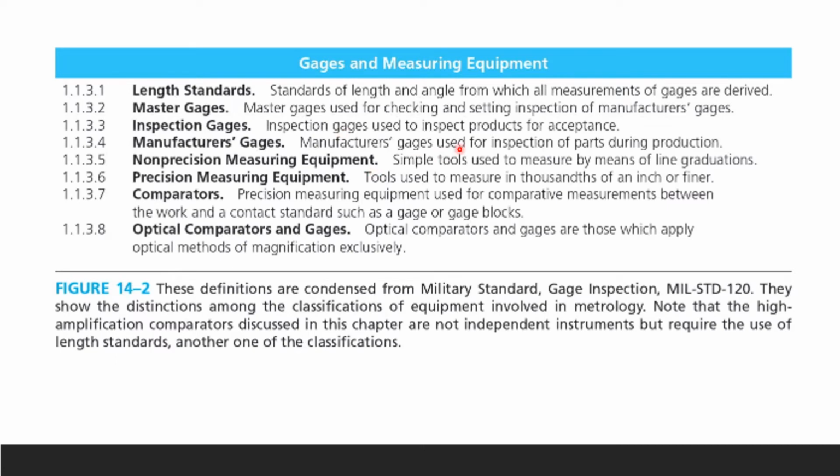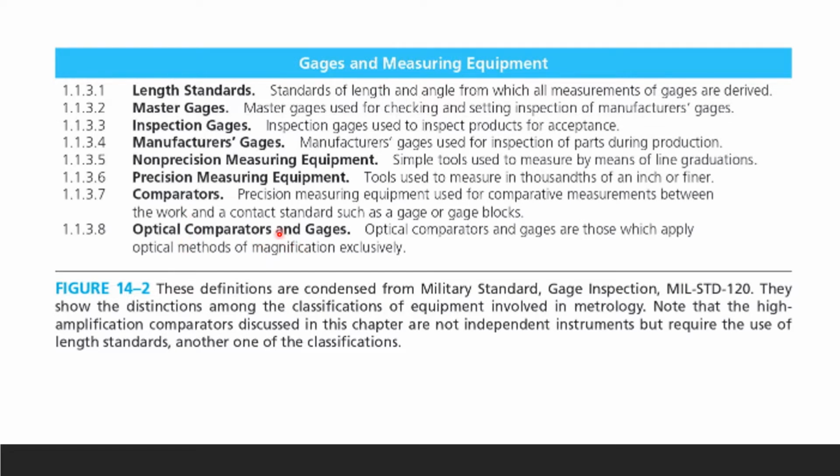So this is gauges and measuring equipment, and you can see right here you have line standards, master gauges, inspection gauges, manufacturer's gauges, non-precision measuring equipment, precision measuring equipment, comparators, optical comparators, and gauges.